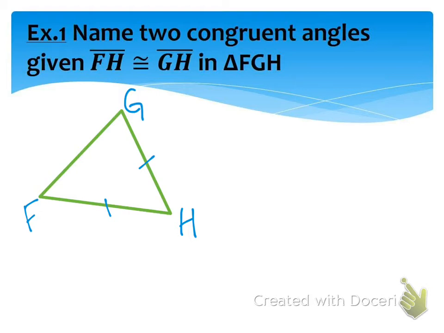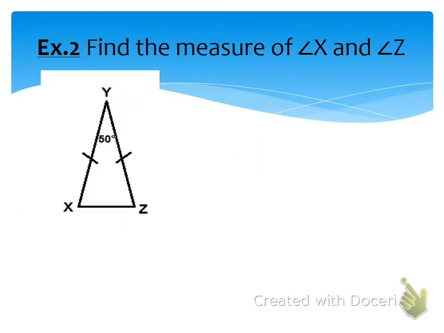It's asking which two angles have to be congruent. Angle F is congruent to angle G. Angles G and F would be congruent. Those ones are opposite those sides that are congruent. Questions about example 1? Okay, we'll move on.